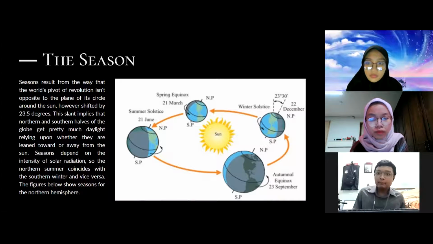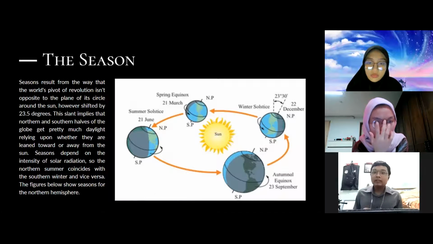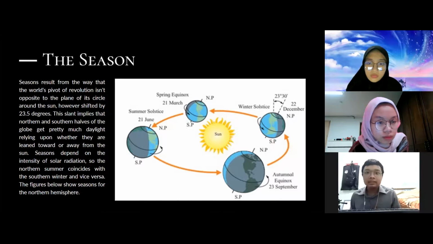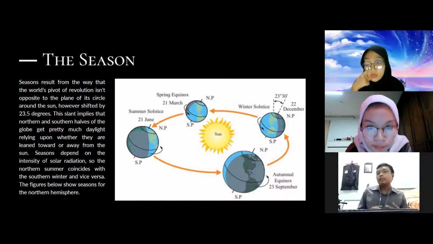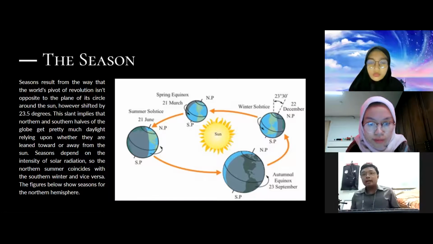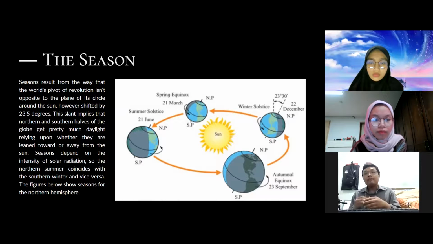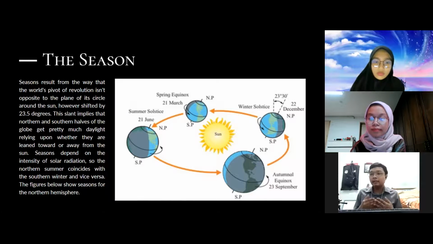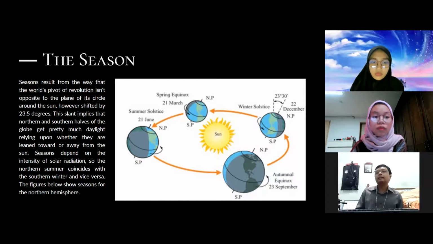So seasons depend on the intensity of solar radiation. The northern summer coincides with southern winter and vice versa. The figures below show the seasons for the northern hemisphere. Each part of the Earth has a different season, depending on the intensity of the sun's rays. Next slide.